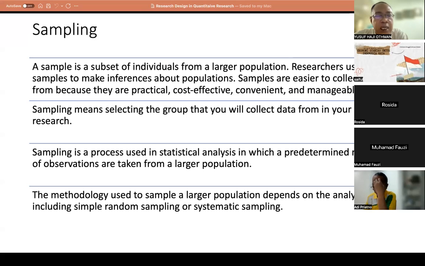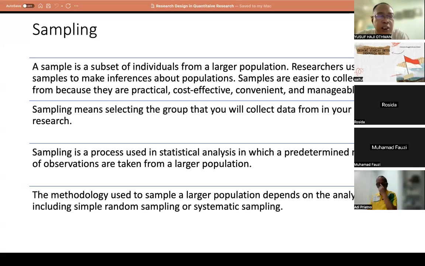Sampling is a process used in statistical analysis in which a predetermined number of observations are taken from a larger population. For example, your population is 15 million. What is the sample size? Yeah, the sample size is determined by the criteria that you choose. We will talk about that later.